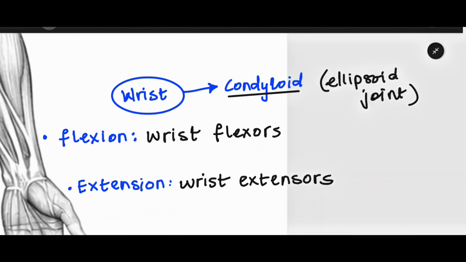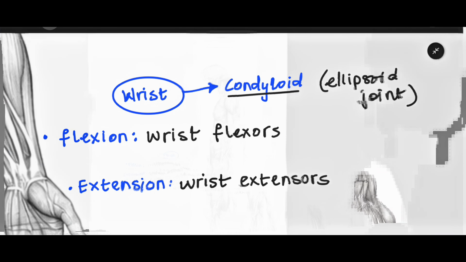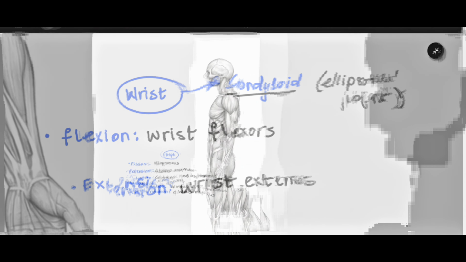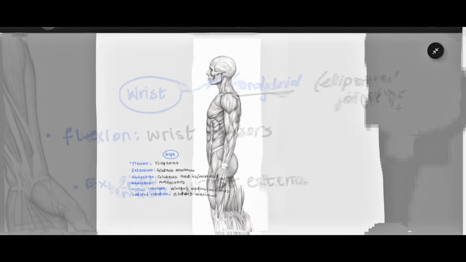Wrist flexion is caused by your wrist flexors. This is basically where you move your hand closer to your forearm, so like you're clenching onto something. And then wrist extension is where you straighten the wrist, and that is obviously created by your wrist extensors.